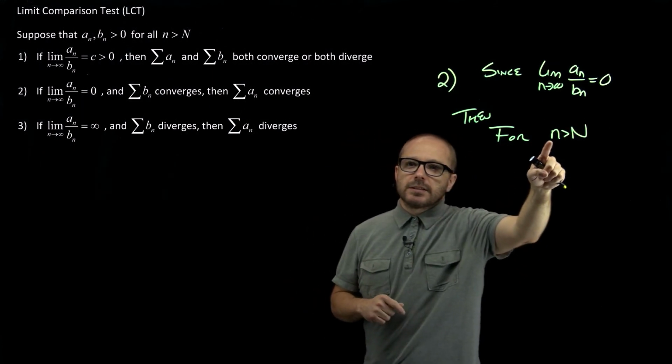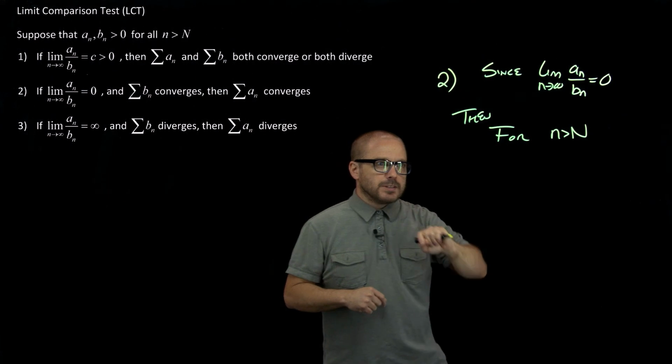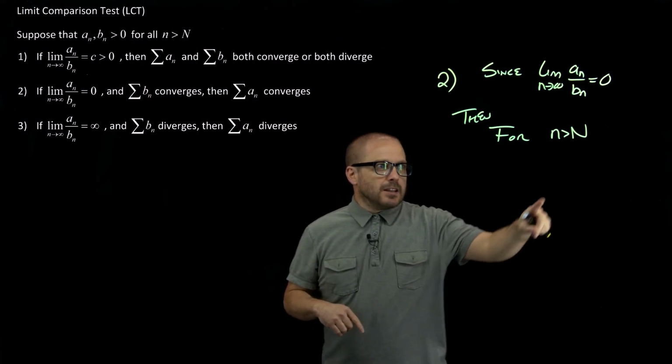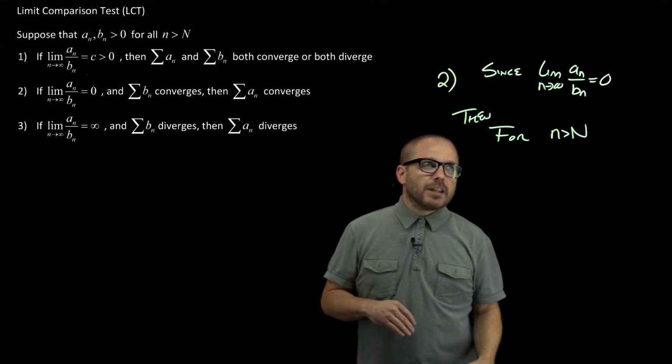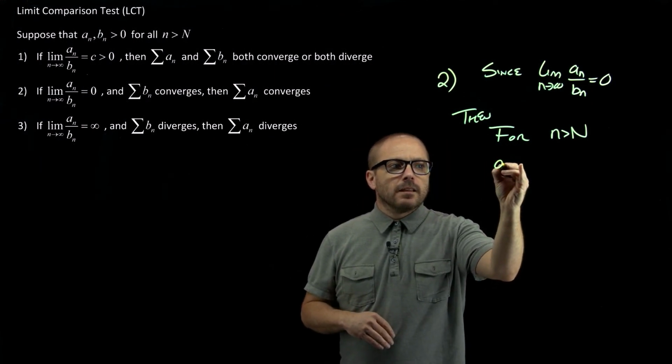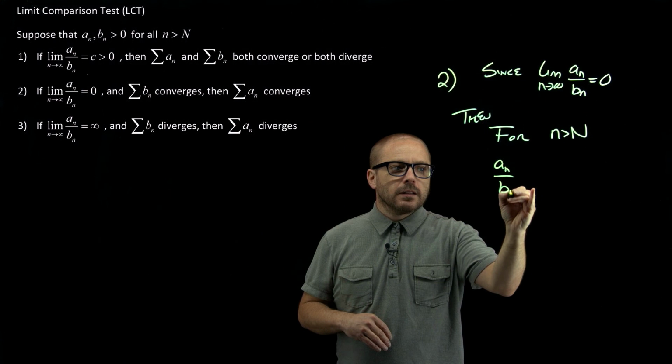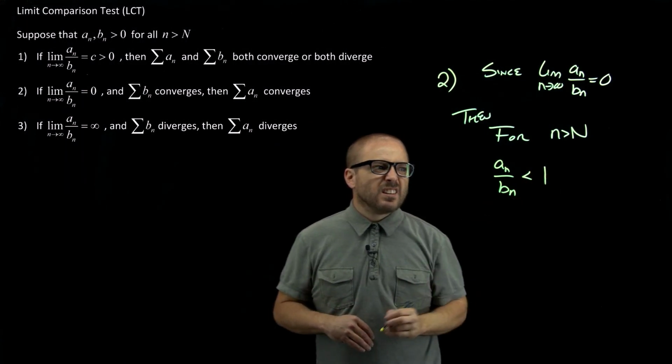And remember, this is just a nice short way we say eventually, right? We're saying that there is some point big N, after which, for all terms after that, that ratio must be less than 1.